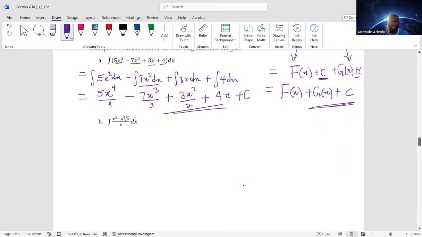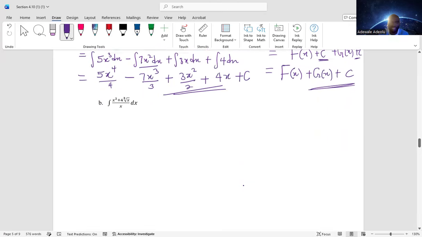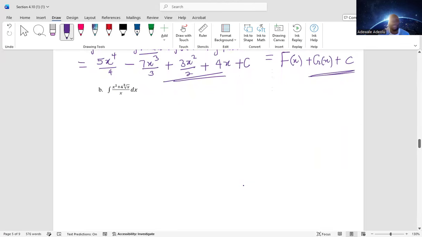Okay, let us look at another example. What we have here looks complex, but we can start by simplifying. We can say x squared over x plus 4 times the cube root of x over x, dx.